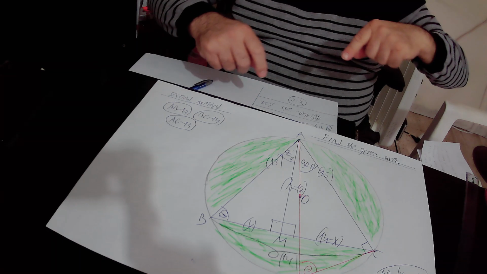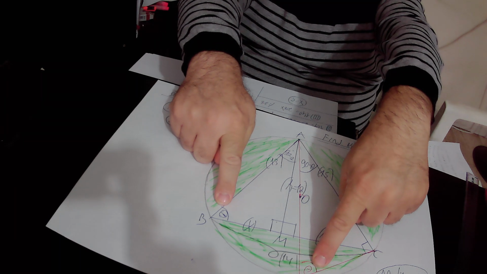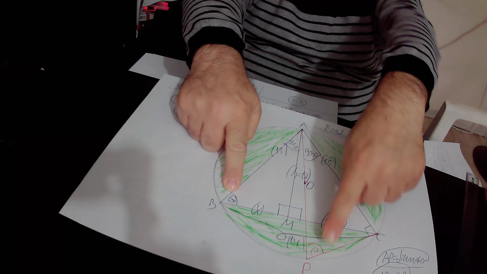First of all, those two angles are both equal to theta, therefore they are equal to each other. So I write it down.